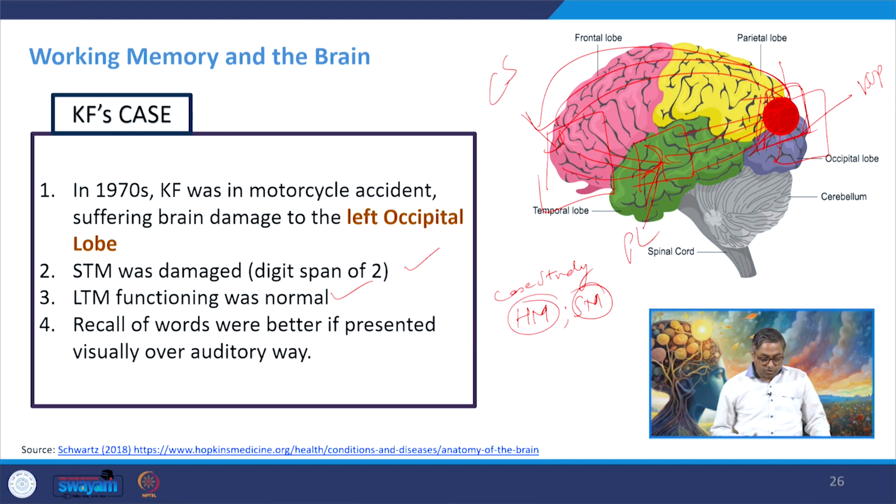In these individuals also, recall of words is better if presented visually over the auditory way. In some instances, once information is registered in your system and becomes independent of that structure, different parts of the brain try to provide you internal cues because of this dense projection.